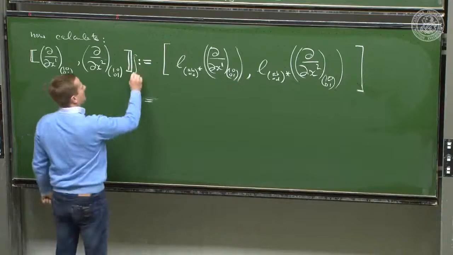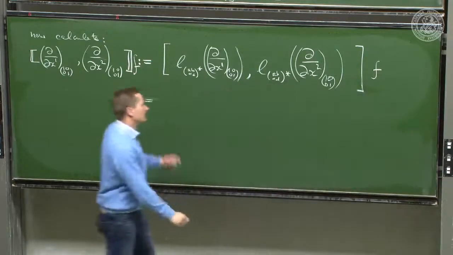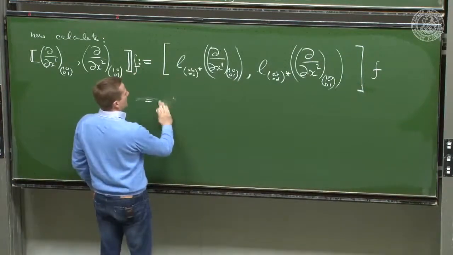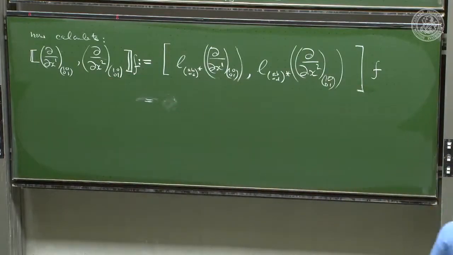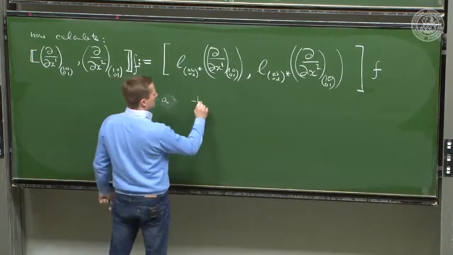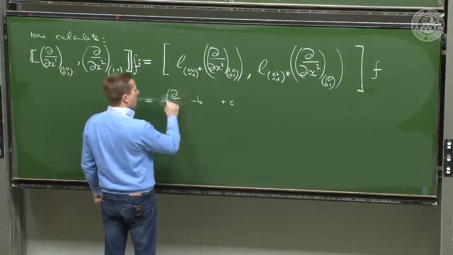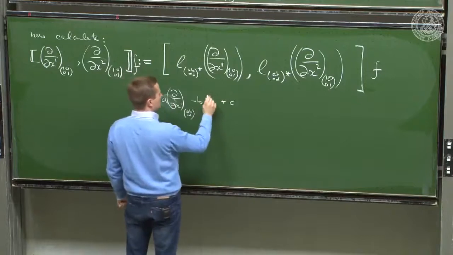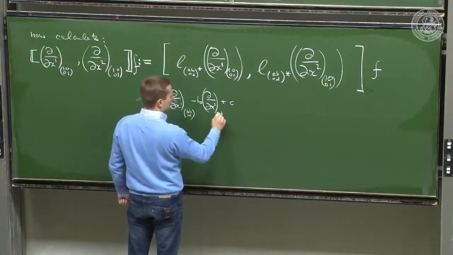Well, I can act on an arbitrary function. That always makes life simpler, but because it's arbitrary, I can just apply it. It's this guy, but we know what this guy looks like. This is A minus B plus C. Well, d/dx1, but now at ABCD, and these are related, these ABCDs. d/dx2 at ABCD.